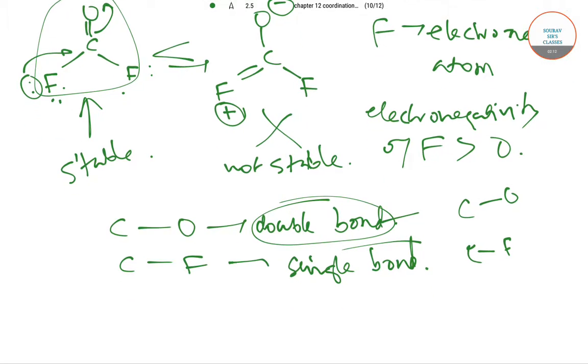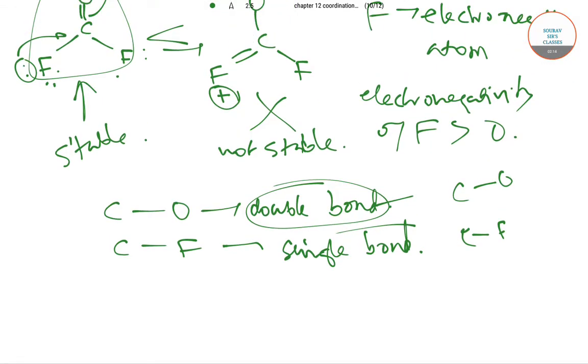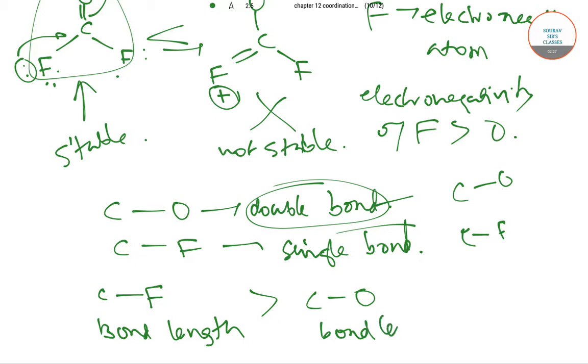So effectively we get that the CF bond length is greater than the CO bond length, because CO has more double bond character than CF.